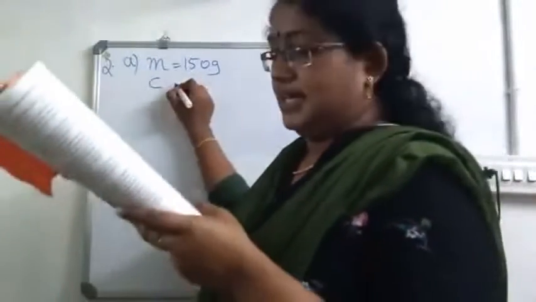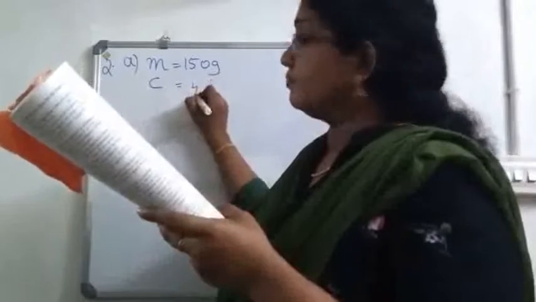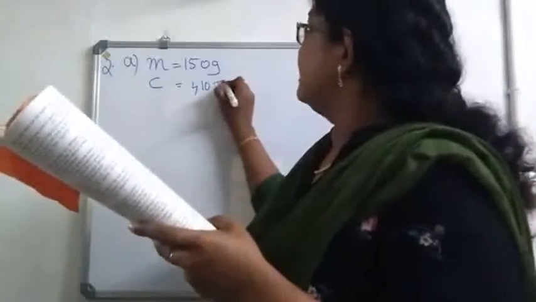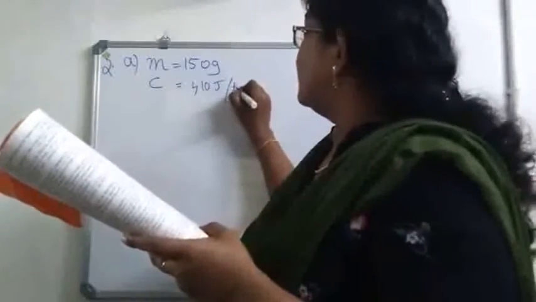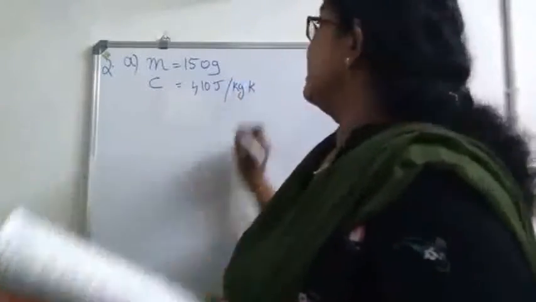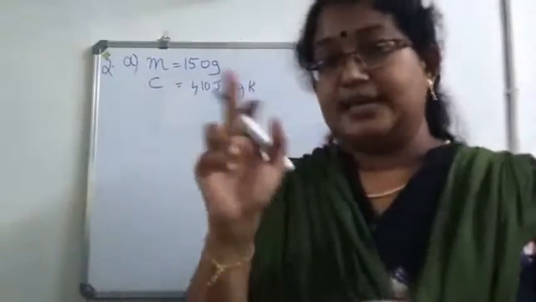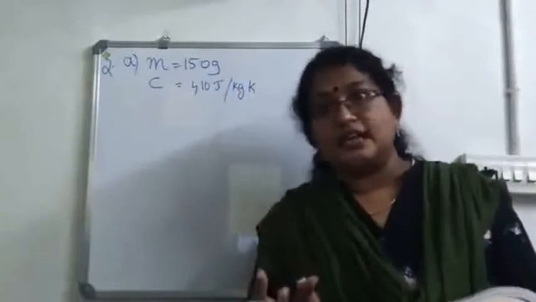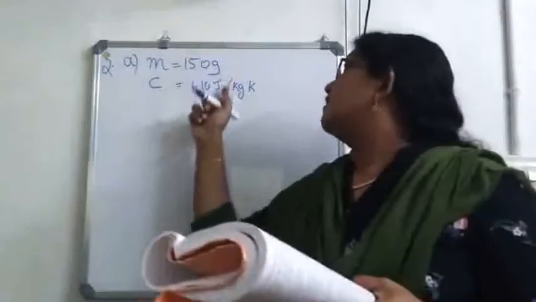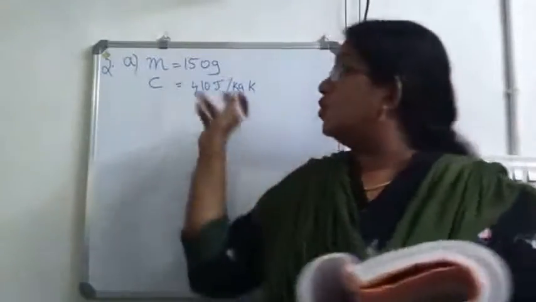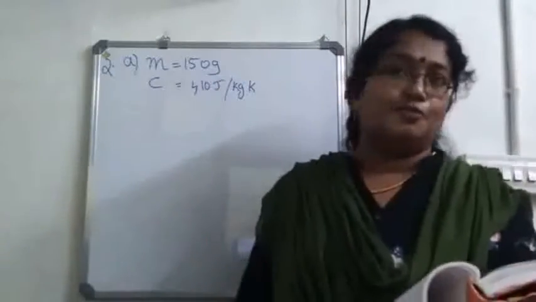C is given as 410 joule per kilogram Kelvin. In the textbook, they didn't put that bar sign, that is why kilogram raised to -1, Kelvin raised to -1. Since I have given the bar sign, no need to put it as negative power.